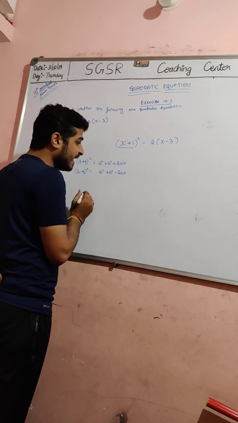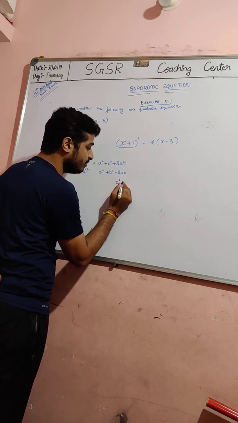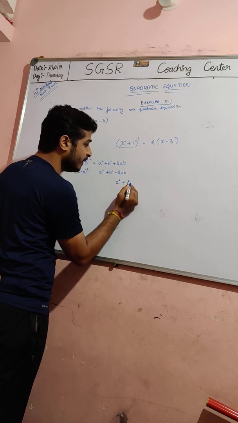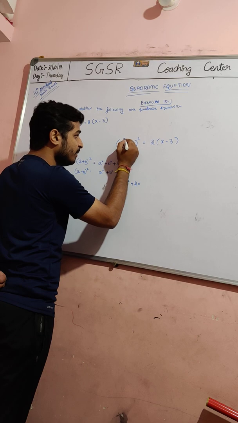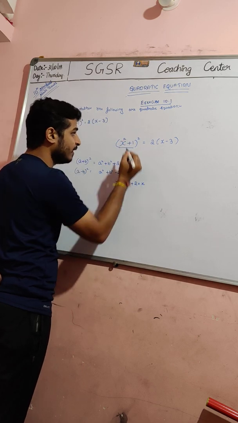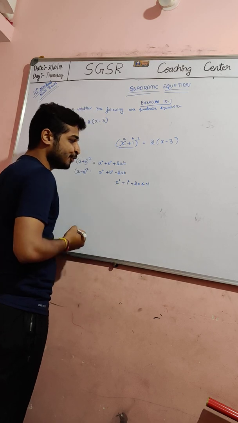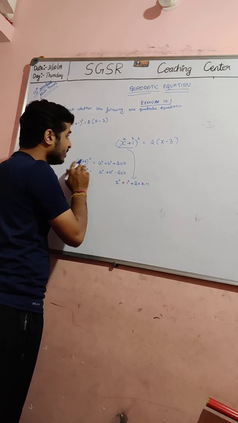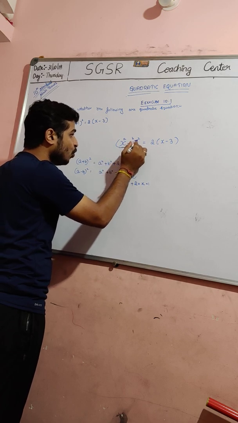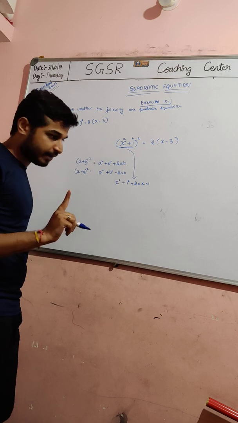So you can write it as x square plus 1 square plus 2 into a, which means x, and b means 1. So now we have split (x plus 1) whole square in the form of (a plus b) whole square.